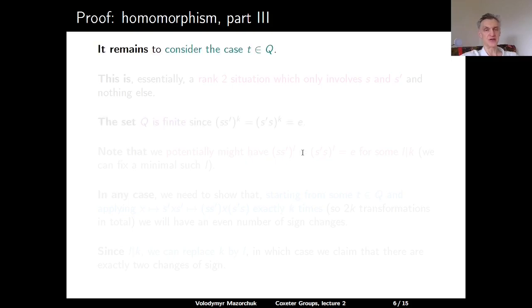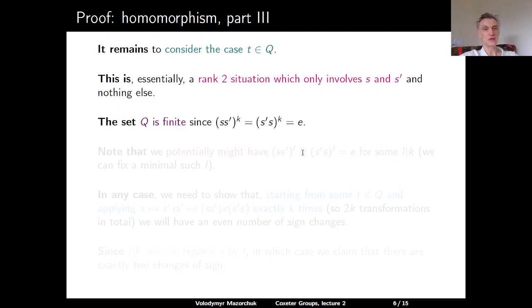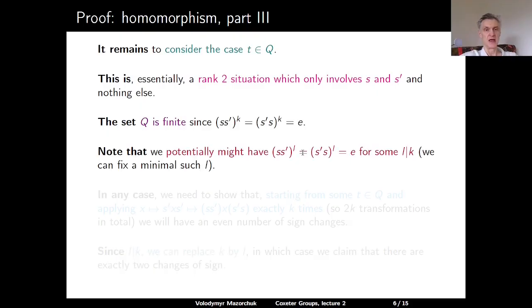It remains to consider the case when we have a reflection t which belongs to our set Q. And this is essentially a rank 2 situation, because now we have only s and s prime involved and nothing else. Let us note that the set Q is finite because (s s prime) to the power k is equal to (s prime s) to the power k is equal to the identity due to our Coxeter relations.